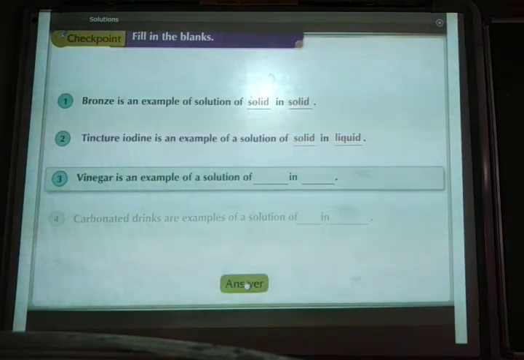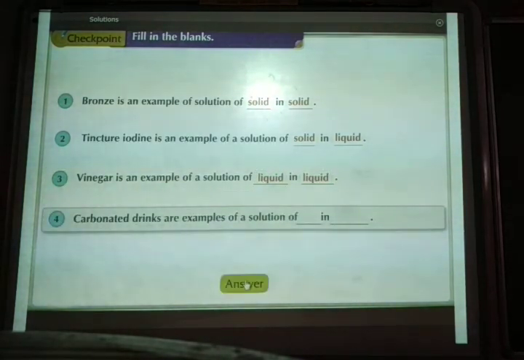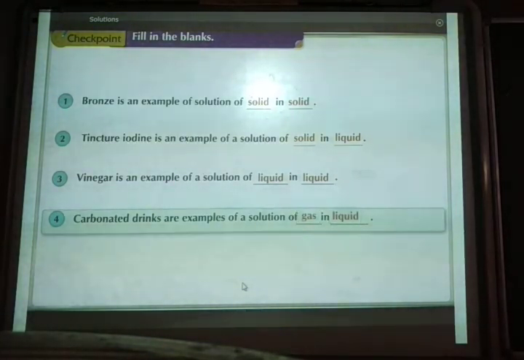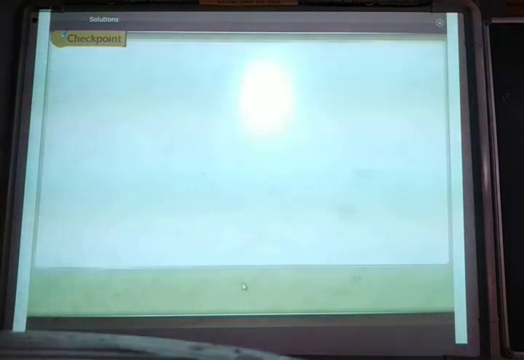Vinegar is an example of a solution of liquid in liquid. Carbonated drinks are an example of a solution of gas in liquid.